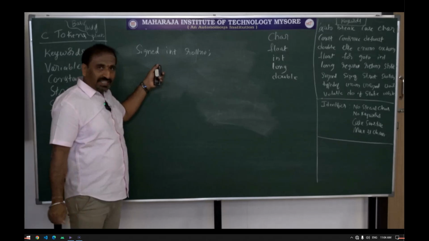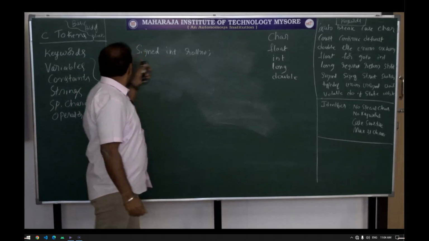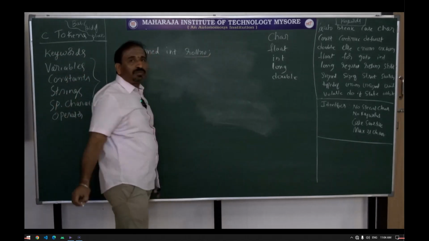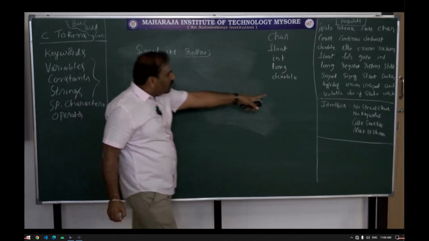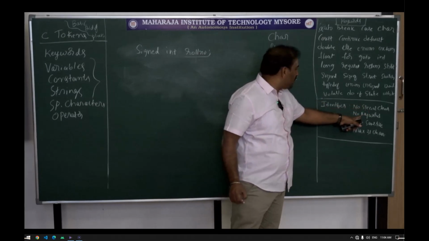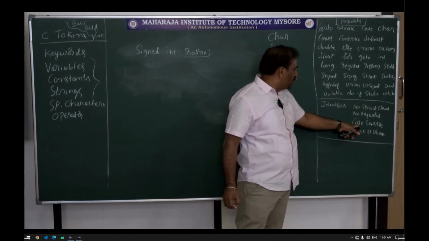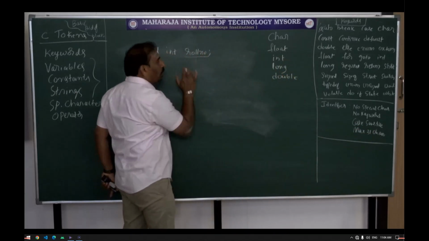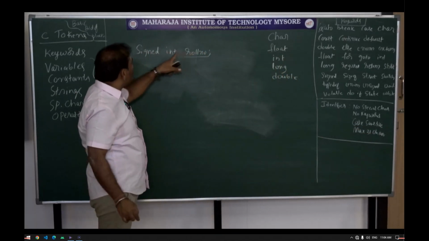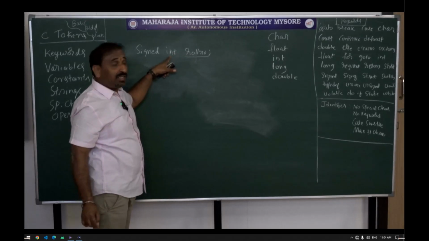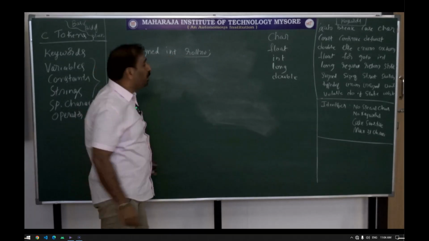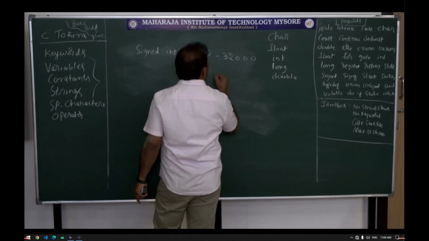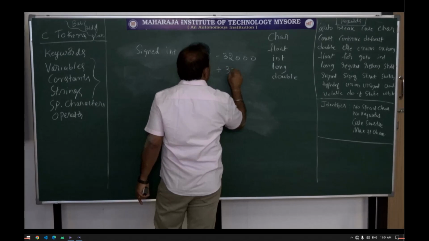If I declare it like this, roll number is a variable. It follows all the rules. No special characters are there. No keywords are used. It is case sensitive, it's okay. Maximum 31 characters. So therefore it has followed the rules. Now I am declaring this to be of type integer, but it is a signed integer. It means minus 32,000 to plus 32,000.